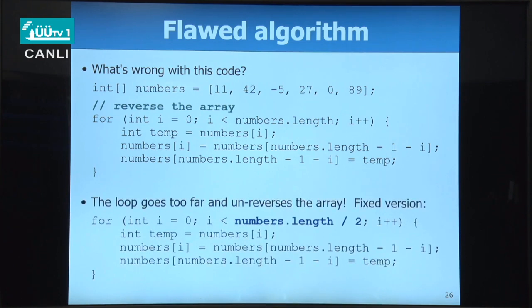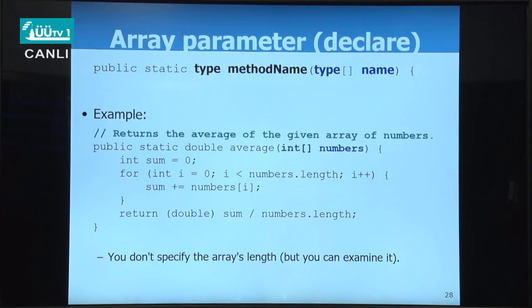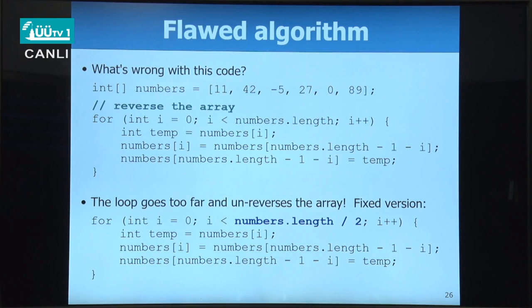So I'll show you straight away the correct solution. Have a look at the last part of this slide, because the first part doesn't do the job right. In the last part of the slide, see, we have a for loop starting from 0 until numbers.length divided by 2, which means that we are going to go halfway through our array.